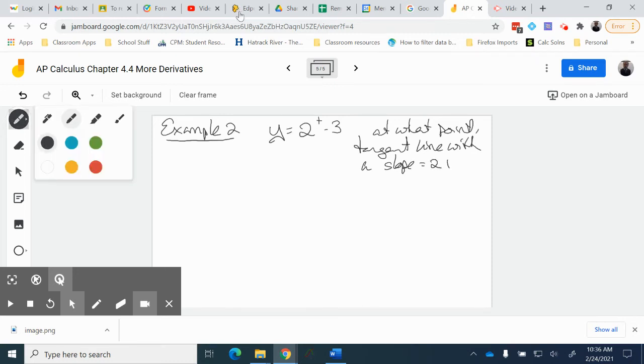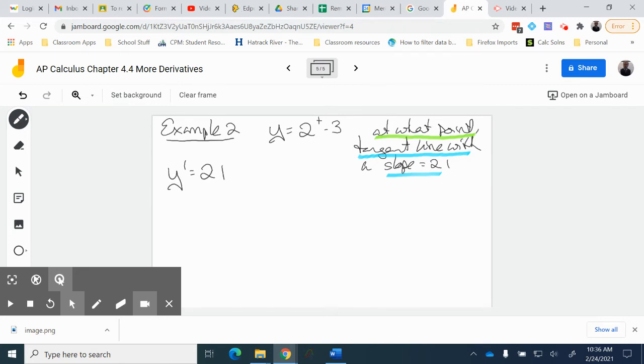Now, a couple things to be careful of. First of all, you are asked for a point, so make sure your answer is in the form of a point. And second of all, a tangent line with a slope of 21 tells us that we need y prime equal to 21. The derivative must be 21.